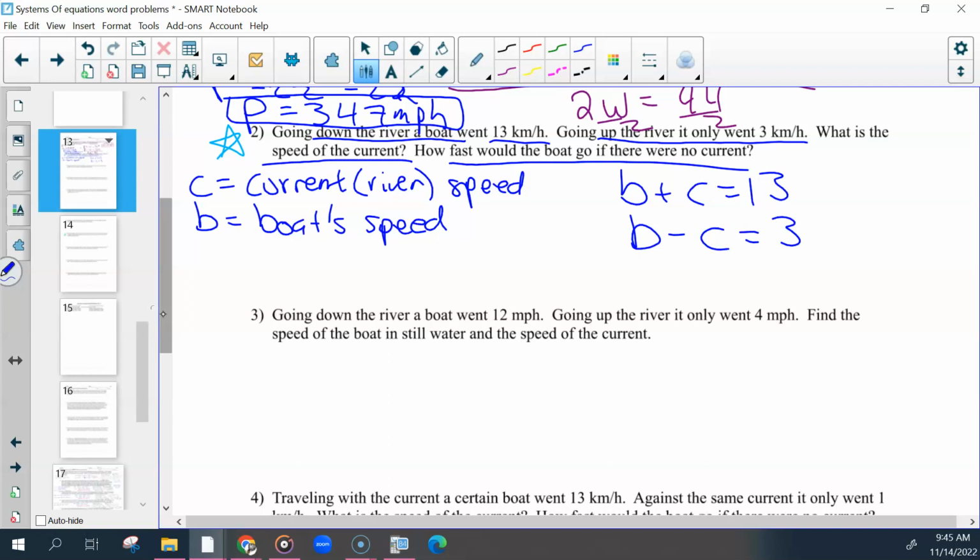Okay. So if we're getting rid of B first, we would do what operation? Subtract. So your B's would cancel. C minus a negative would become a positive 2C. 13 minus 3 would become 10. Divide. So this is kilometers per hour.